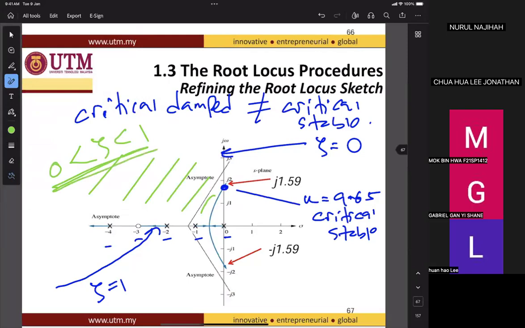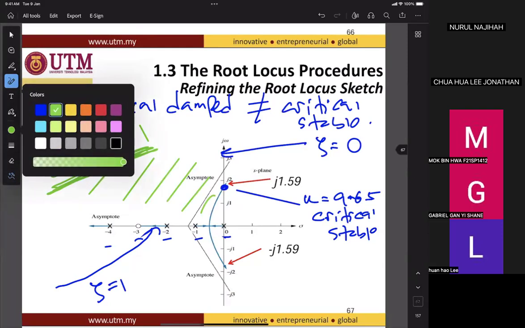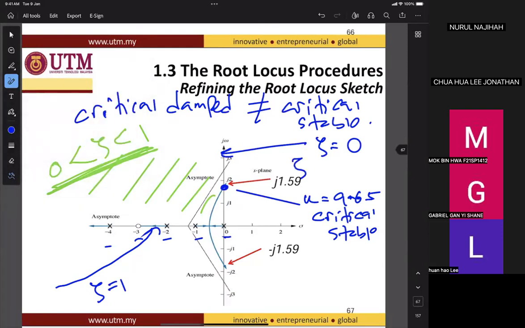It is the area that we most want the system in our design. Okay. But over here, on the right-hand side, the zeta is already less than 0, negative. Negative, unstable. So please make sure that you don't assume critically stable and critically damped are the same.